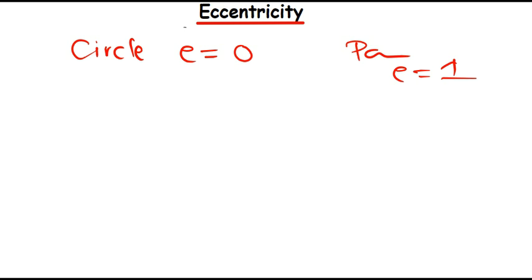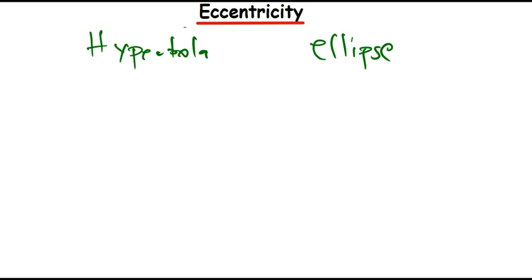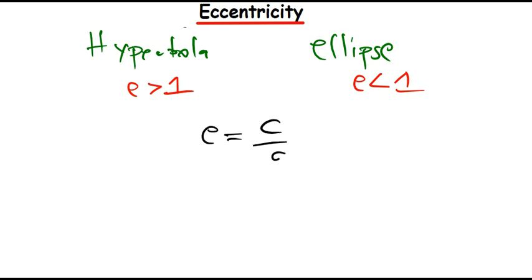Now how do we calculate the eccentricity of the other two, a hyperbola and an ellipse? I've already given you a hint: for an ellipse our value is always less than 1, and for a hyperbola it's always greater than 1. The formula for eccentricity is just c over a.